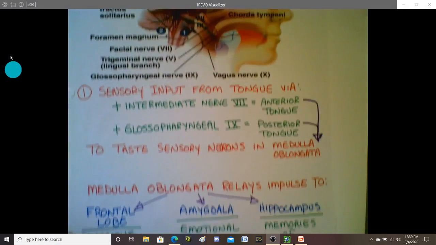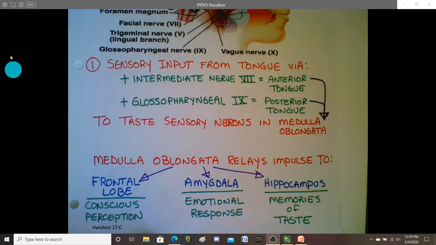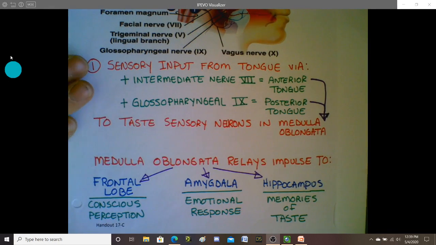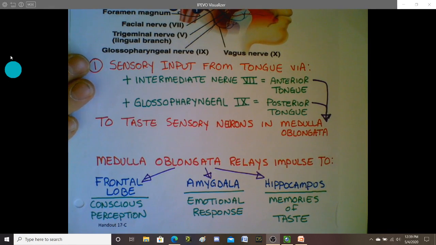So when you think about taste, we have various perceptions going on. So our medulla oblongata is going to relay impulse information about taste to our frontal lobe, where we're going to consciously perceive what we're eating.